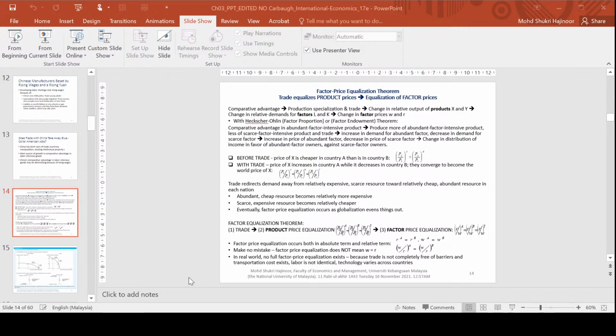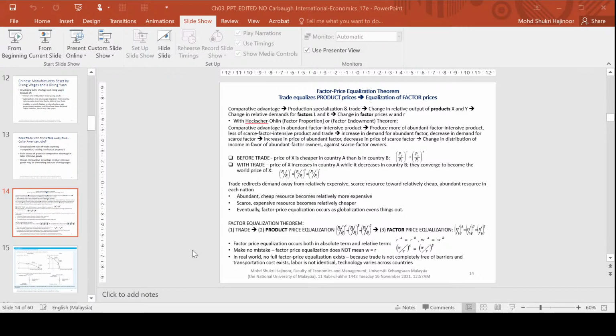With trading, they equalized to this point. Equalization of the price of capital. Interest rate decreases in China. Interest rate will increase in the United States. In fact, it becomes equalized in the world at this level, whatever level that is.